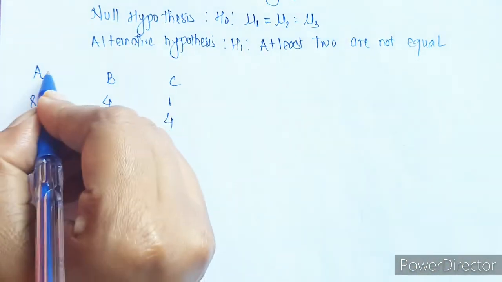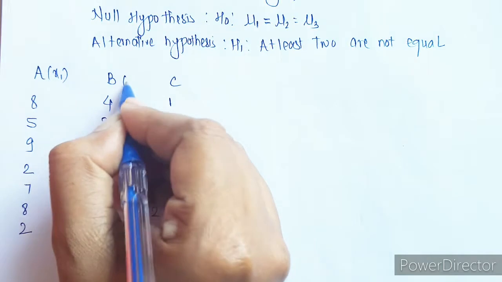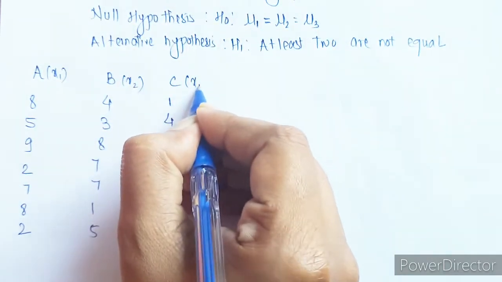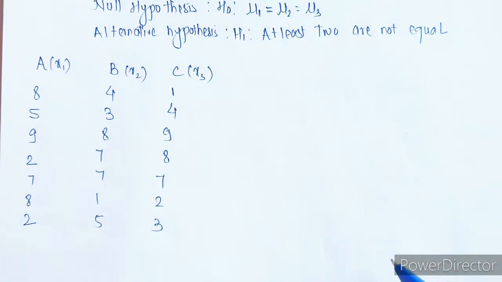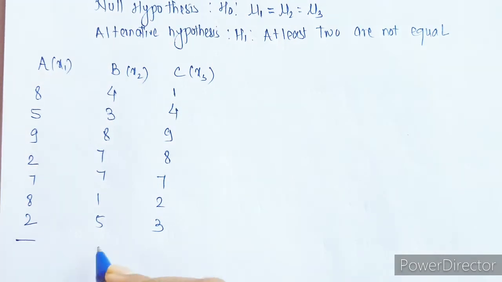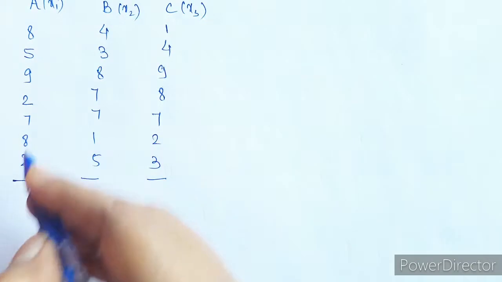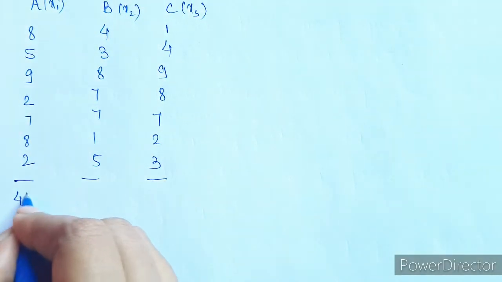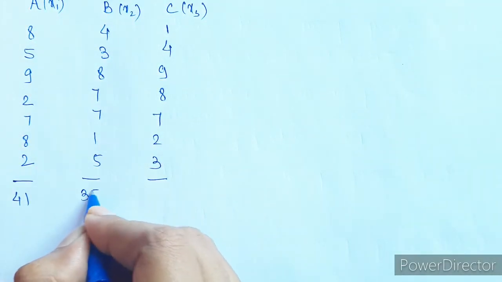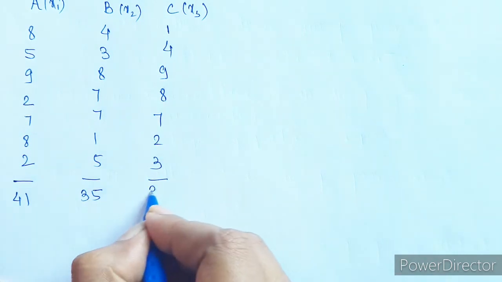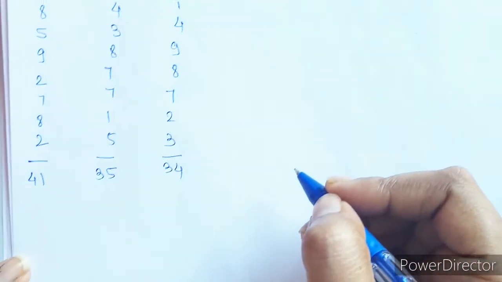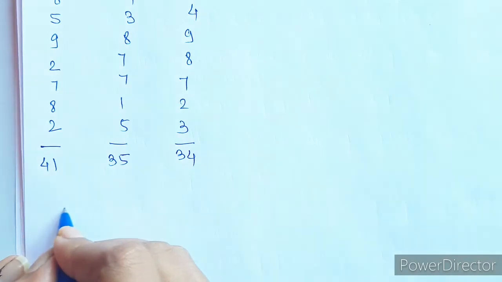Okay. So let me denote this as x1, this as x2 and this as x3. Okay. So we need to calculate total of this. The sum of the first case is 41, second case it is 35 and in third case it is 34. Now we need to calculate mean of these classes.